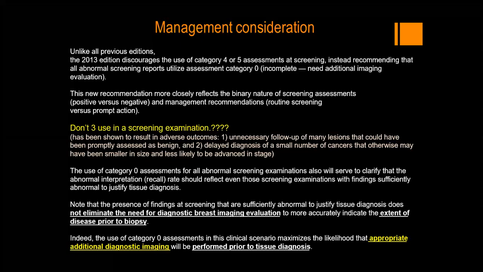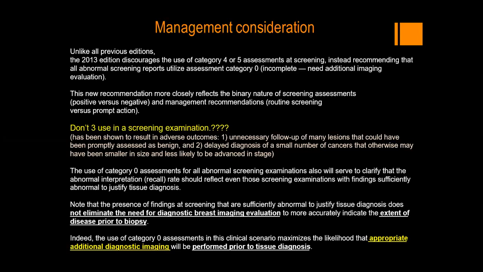Further diagnostic workup. Why don't they like to use BI-RADS 3? Because they found unnecessary follow-up of many lesions that could have been promptly assessed as BI-RADS 2, benign findings. Also, delayed diagnosis of a small number of cancers that otherwise may have been smaller in size and less likely to be advanced in stage.